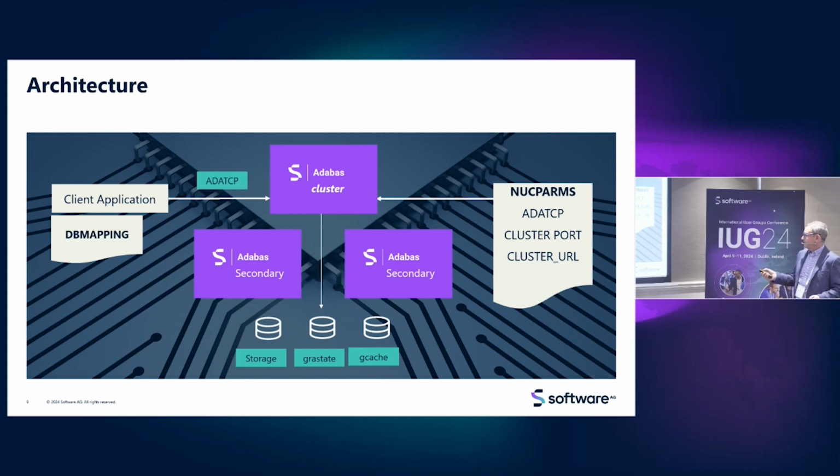On the right-hand side, we see the nucleus parameters. This is all we need to be able to bootstrap our cluster. We have to give the new parameters, which are the TCP parameter, cluster ports, and cluster URL parameters. Now, behind the scenes, Galera clustering keeps the cluster in sync, and we use write-set replication.